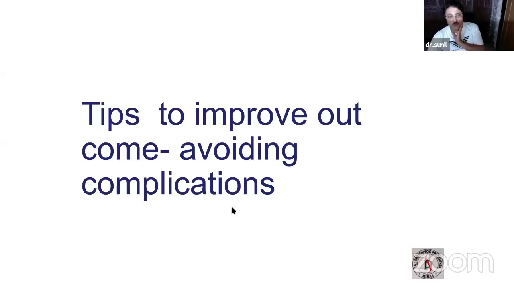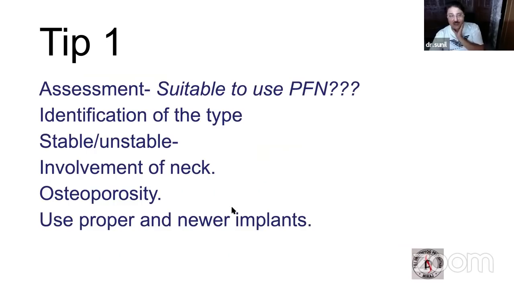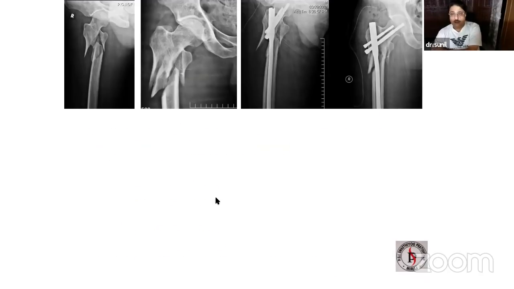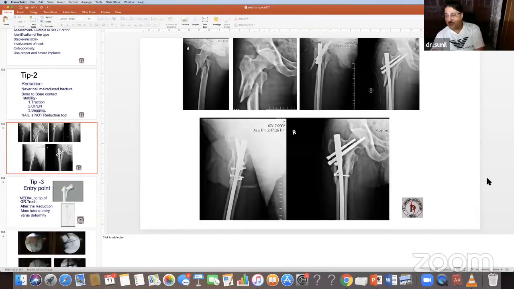Then tips to improve the outcome, avoiding complications: assessment whether it is suitable to use a nail, identification of the time, then stable or unstable, involvement of the neck, osteoporosis, use proper and newer implants, reduction, never nail a mal-reduced fracture, bone-to-bone contact, and stability. And with this, we finish it off. We'll just go for question answers.